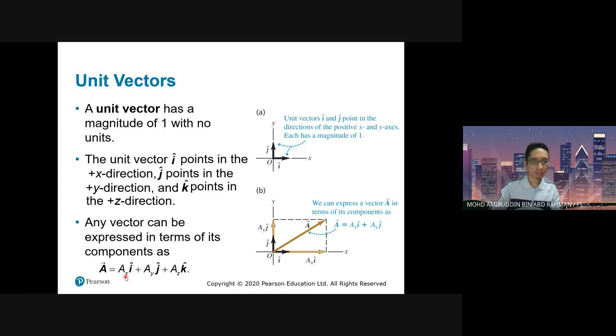So i is the unit vector in the x direction, j the unit vector in the y direction, and k the unit vector in the z direction. So that describes the unit vector.